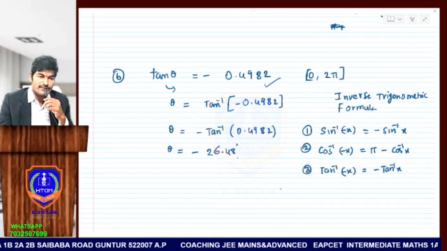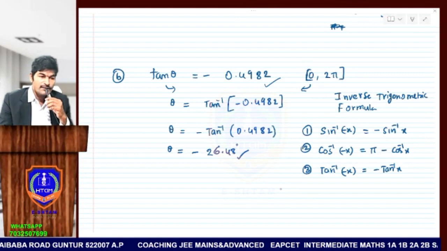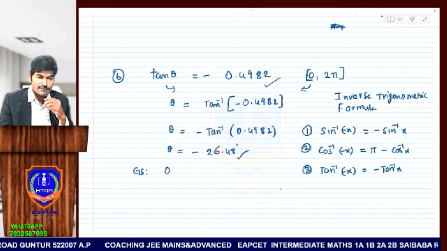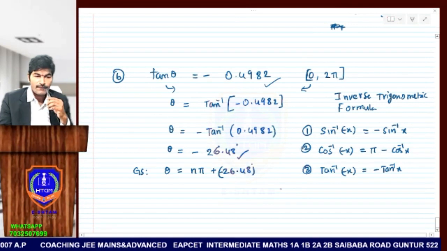We cannot consider this as a solution. Why? Because it is below 0. You cannot take that as an answer. So now we will write the general solution of this equation. The general solution is theta equal to n pi plus alpha, where alpha means minus 26.48 degrees.